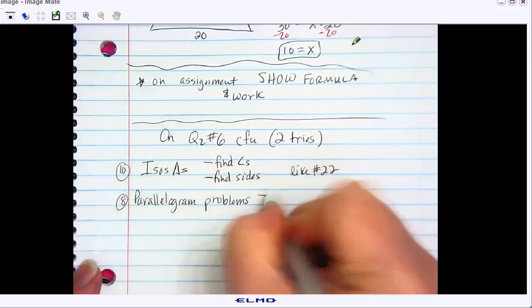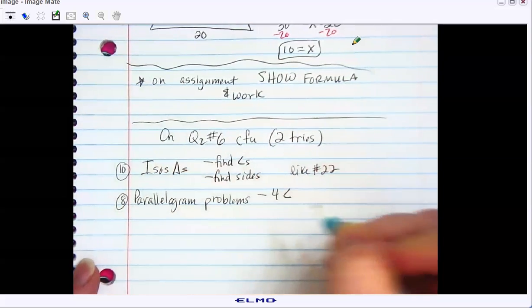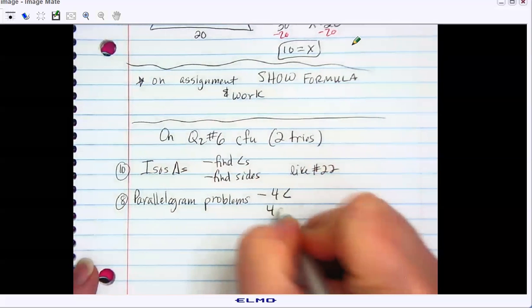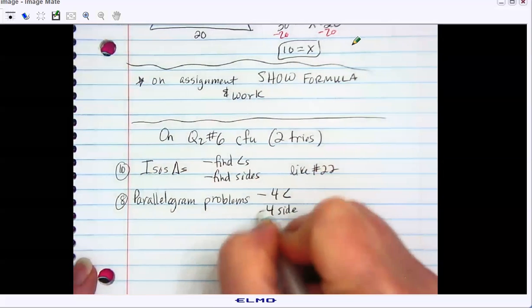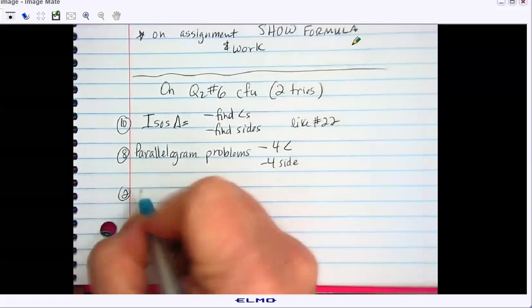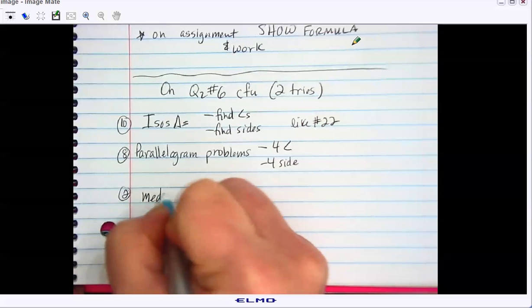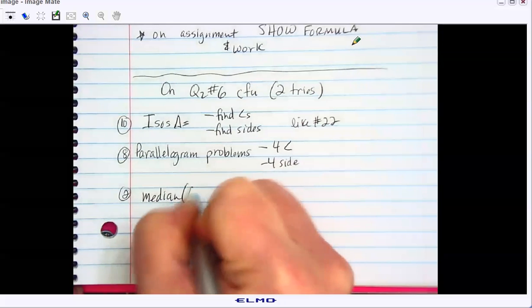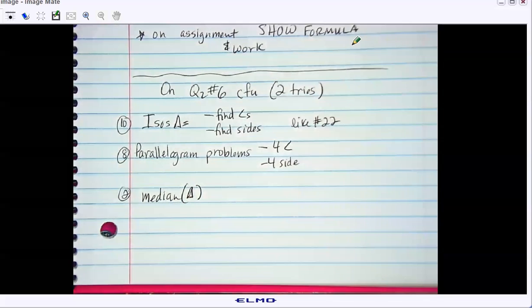You have 4 angle problems, and you have 4 finding the sides. And then you have 2 median problems. And I'm going to specify triangle because now we're talking about median of trapezoids. So let's look at some of the types of problems that you'll see on your quiz.